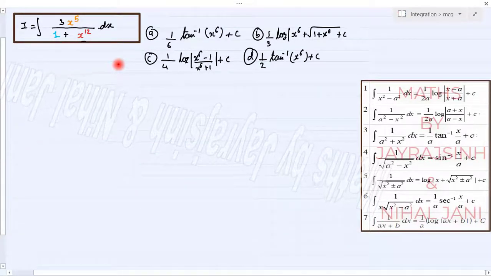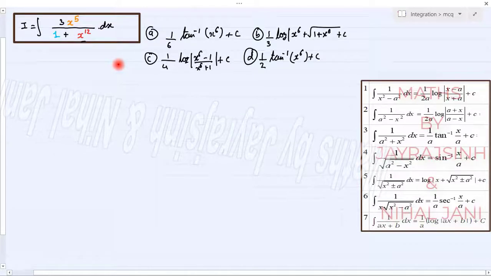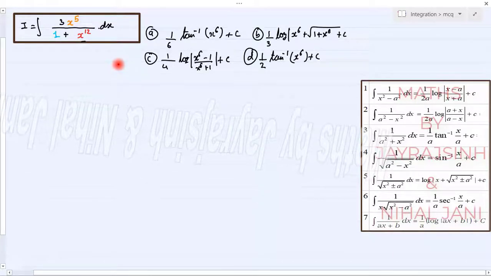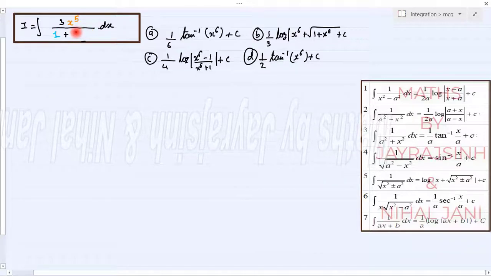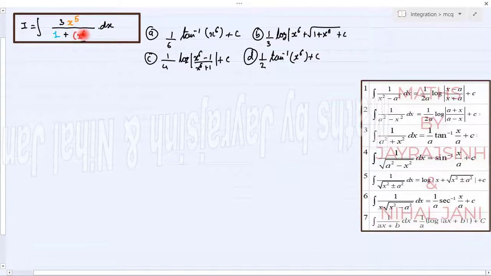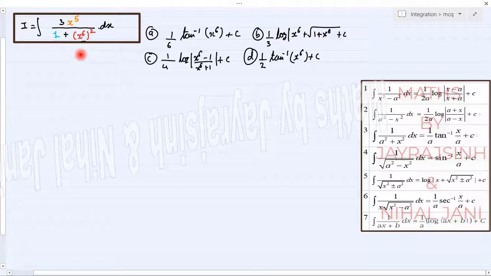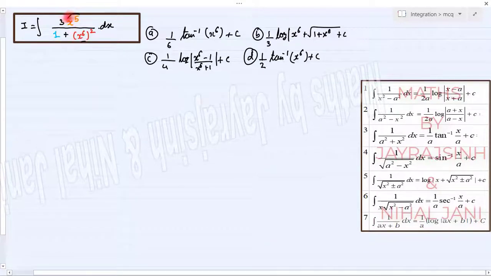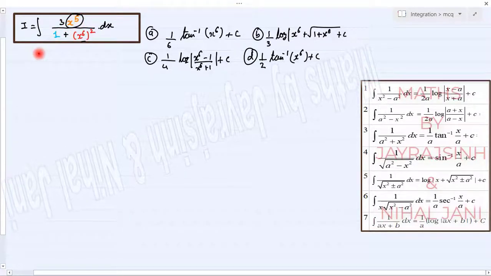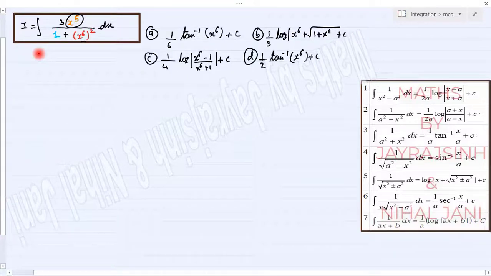In this question, you have to integrate 3x raised to 5 upon 1 plus x raised to 12. Actually, this x raised to 12 can be rewritten as x raised to 6 the whole square, and its differentiation is also available within the multiplication of dx.